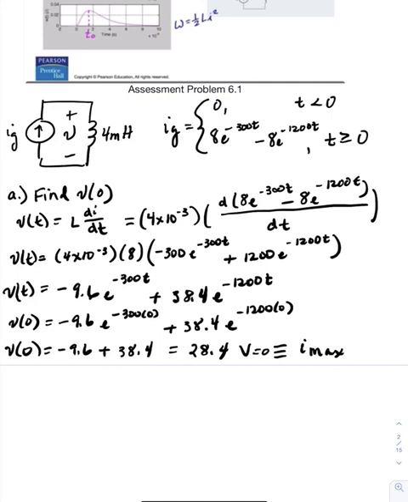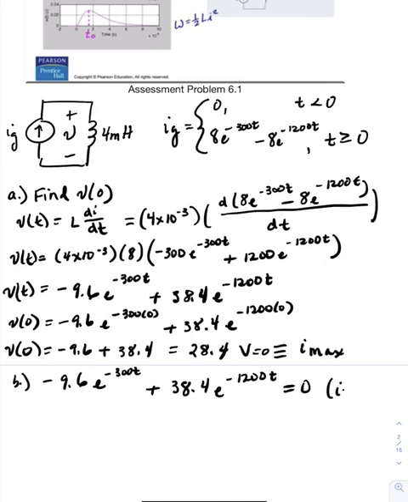All right, so part B: minus 9.6 e to the minus 300t plus 38.4 e to the minus 1200t equals 0.